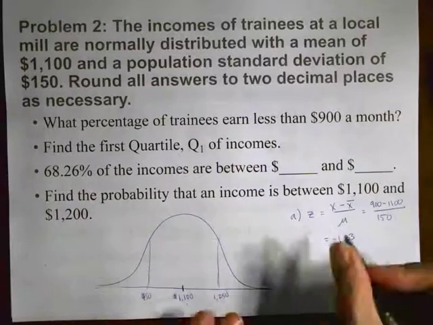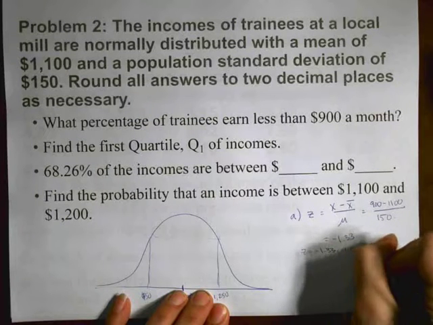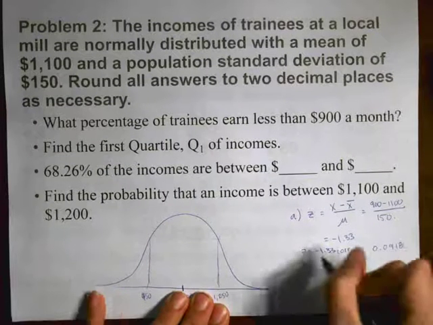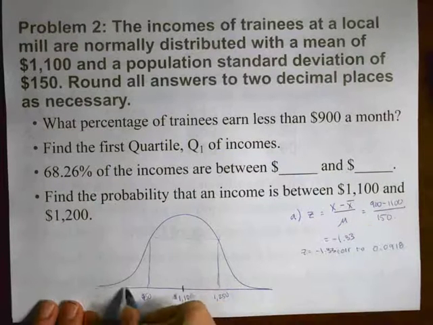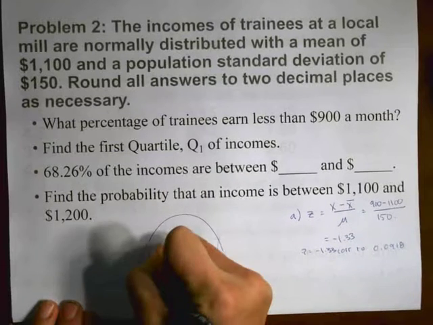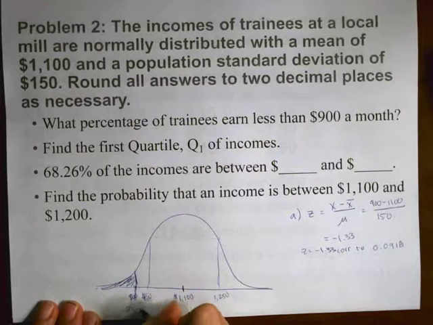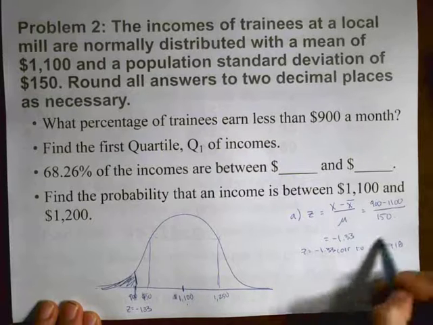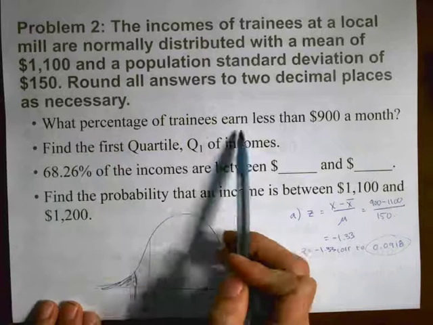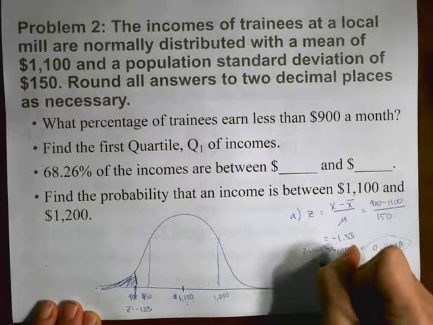So a z-score of negative 1.33 corresponds to 0.0918 on the table, which means the area to the left of $900, the area to the left of the z-score of negative 1.33, is 9.18% of the data. The question asked for the percentage of trainees, rounded to 2 decimal places, so I say that's 9.18%.